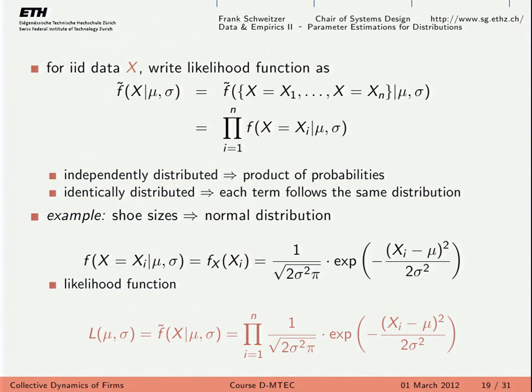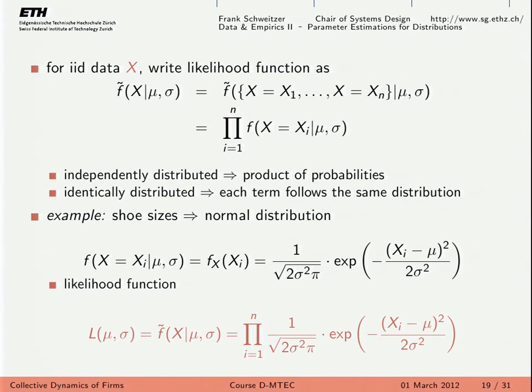And now we make use of the fact that they are identically distributed. They come from the same distribution. So that means for each of these, I assume that they follow a normal distribution. They all follow the same distribution, which is a normal distribution. So for the f, I make this assumption here. That's a normal distribution. And please recall that I want this to be changed into small xi, right?